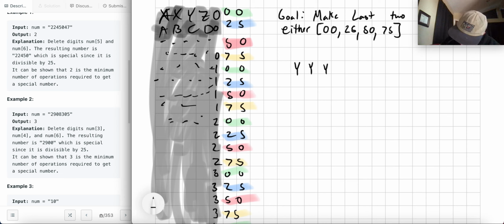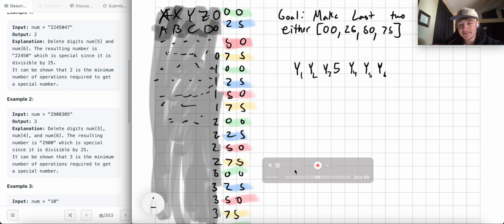And let's see, I see a 5, and then a bunch of other Y's: Y1, Y2, Y3. Let's just say I don't know what the Y values are. All I know is there's a 5 right here. What would it take to make this thing divisible by 25?